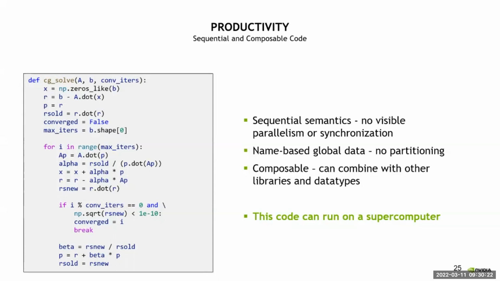It all follows standard sequential semantics. This is just the way you write Python. And you can really compose it with any other Python library, and it just works. And so this code is really easy to write and easy to understand. But what's amazing is I'm going to demonstrate that you can actually run this code on a supercomputer as well.